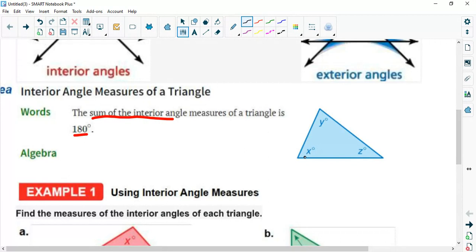Over in the picture, we called them x, y, and z. So we're going to add x plus y plus z equals 180 degrees.